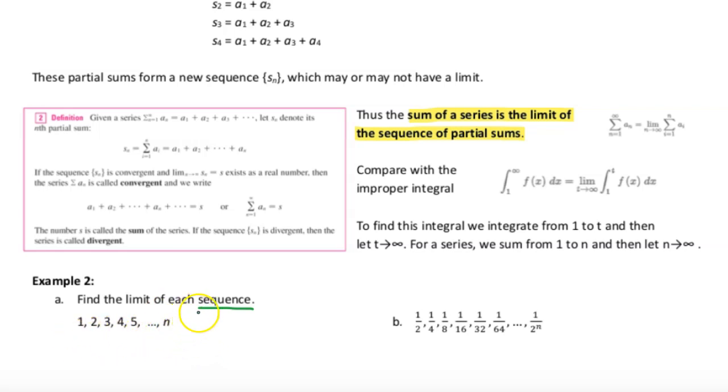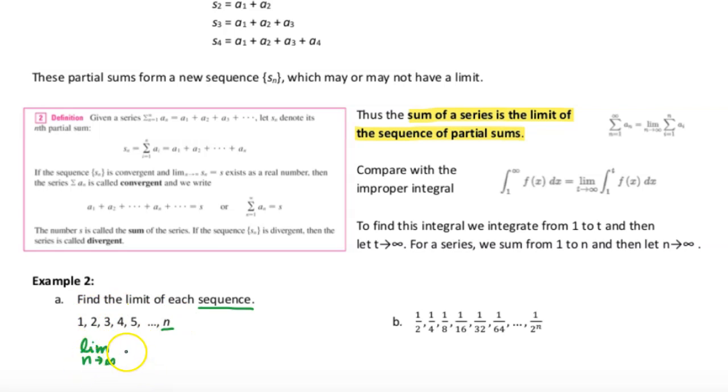And so on the left here, to find the limit of this sequence, all I'm doing is finding the limit as n approaches infinity of this sequence. And the rule of this sequence is just n. I can see that each of these values, a sub 1, is just that value of n, which is 1. A sub 2 is just that value of n, which is 2.